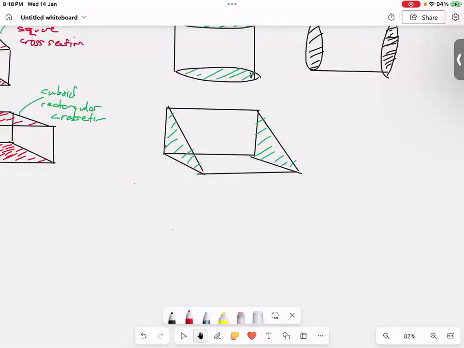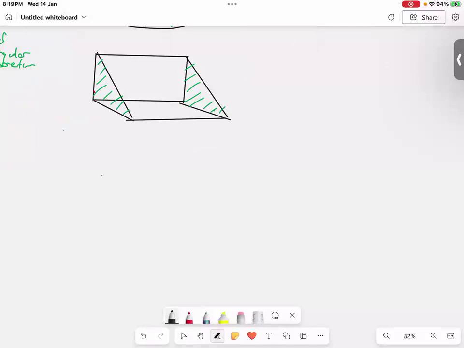All right, so that would be the triangular prism.